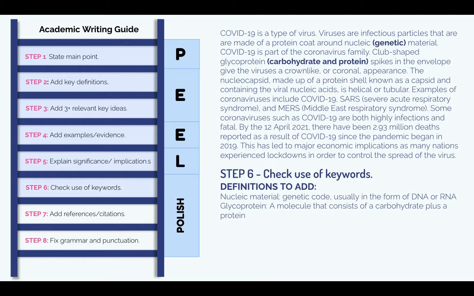Then I go back and check for the key words. While my original language used a lot of scientific wording already, I also went in and added further clarification in some points where it wasn't clear what the meaning of those words were. This shows that I understand the language that I am using.